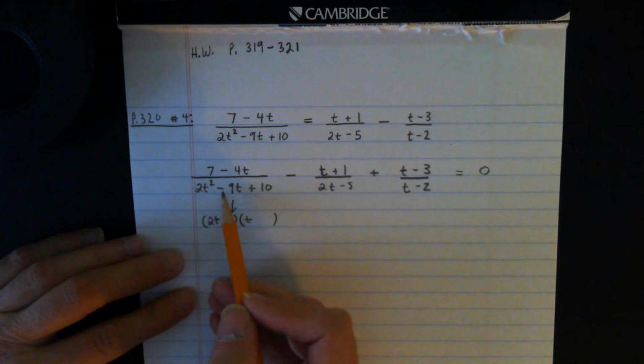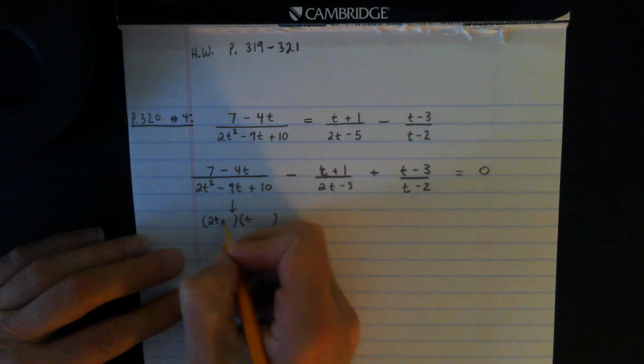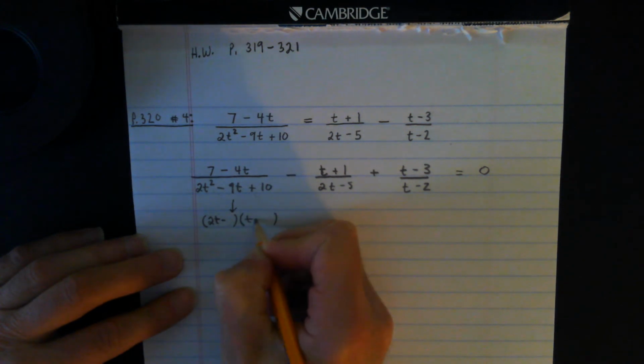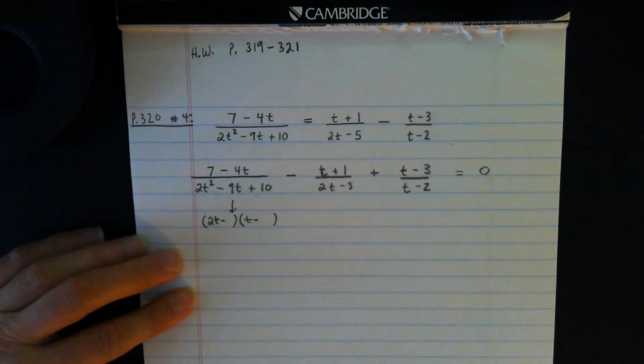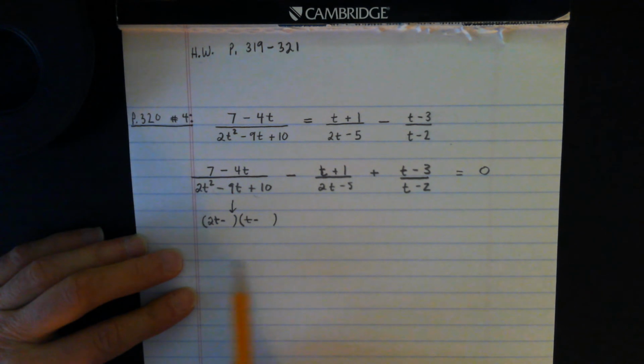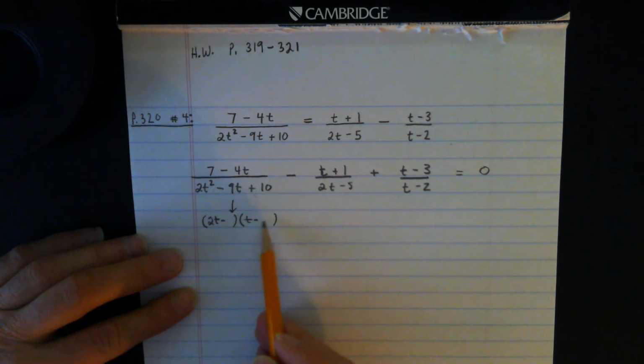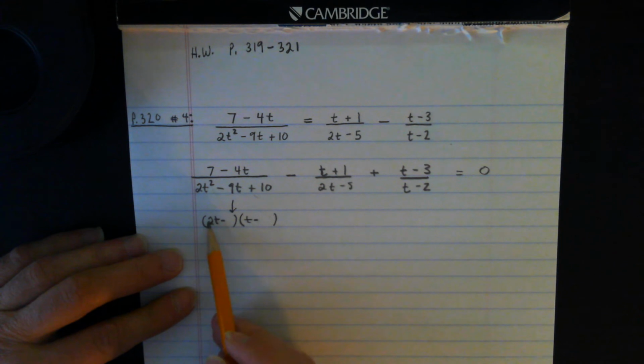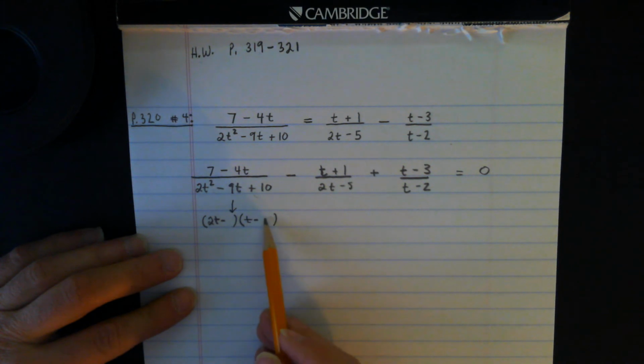I know this much, so therefore they must both be negatives. And then I can just do it by inspection. Let's say I try putting a 10 here. I'm going to get 2t times minus 10, that gives me minus 20t. And then if that was 10, that would have to be 1. Well, that's not going to work when I expand it back out.